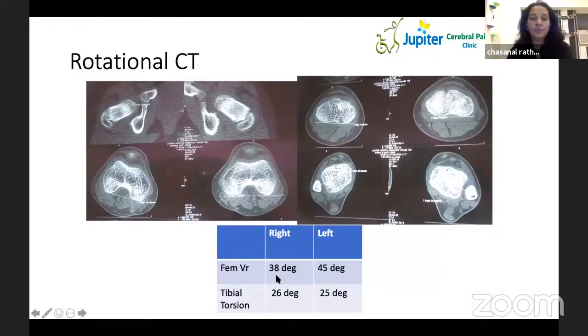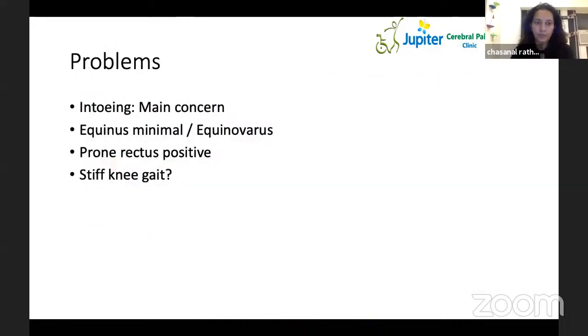Here the femoral version was 38 on the right and 45 on the left, which is quite significantly abnormal and high, and the tibial torsion was around 26 and 25. Ideally it can be somewhere around 18 to 19, so this was not very much abnormal, but normally from 12 to 14, instead it's almost double on both sides. So the anteversion was much higher in both the cases.